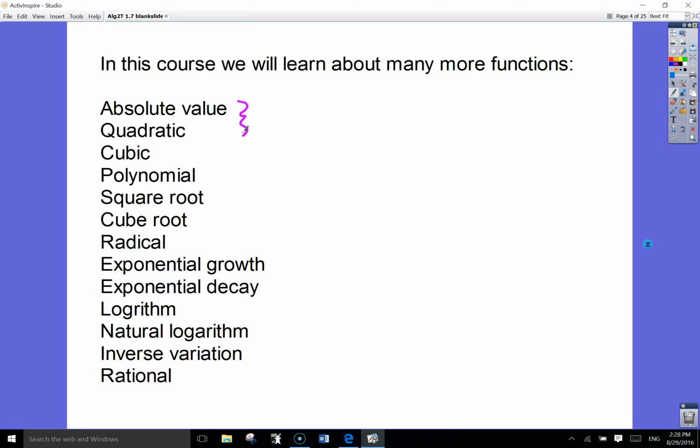So I'm not going to bore you with the whole list, but this is not saying this is everything we do in this class. This is just the stuff that's related to functions. There's some other sequence and series and probability and statistics stuff that we do near the end of the course.